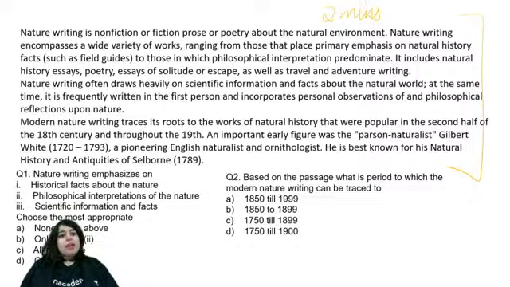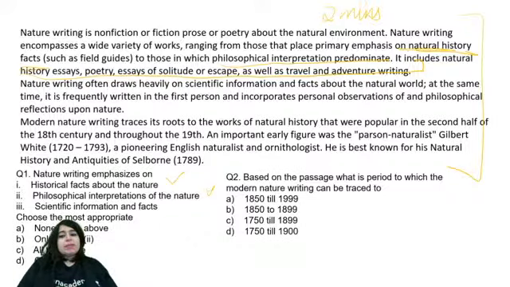If I look at the paragraph, it says encompasses a variety of works ranging from those that place primary emphasis on natural history facts to those in which philosophical interpretation predominate. It includes natural history essays, poetry, essays of solitude, as well as travel and adventure writing. So, historical facts, yes. Philosophical interpretations, yes. And then it says scientific information and facts.